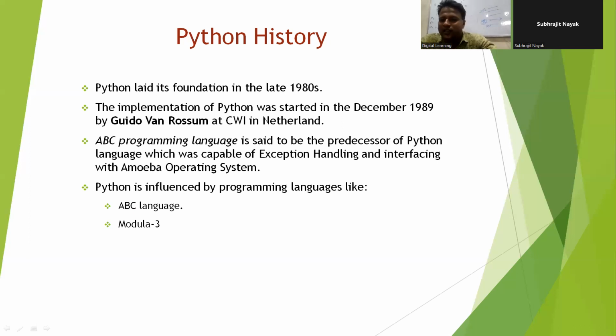At that time that comedy show was so popular, so based upon this he gave it the name Python. Actually, Python is the title of a person. Monty Python is a director of a comedy show that was telecast in the Netherlands at that time.